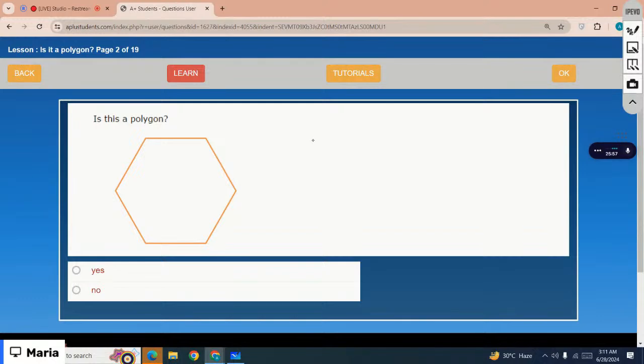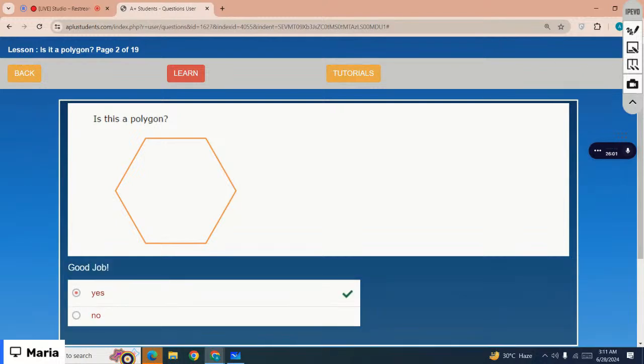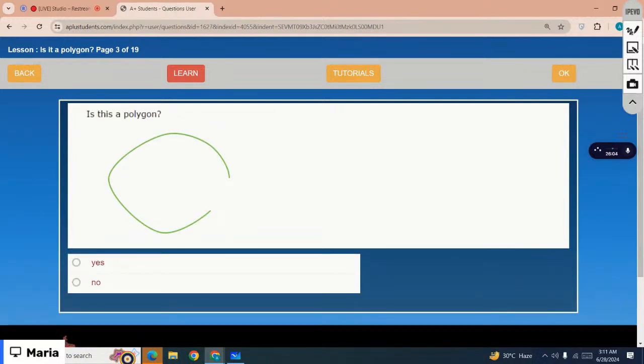The correct option is yes, it is a polygon, right? The correct option is no, this is not a polygon. The correct option is no.